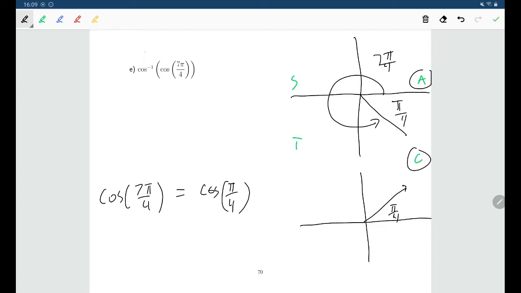And so cos inverse will not give me 7 pi over 4 as my output, because 7 pi over 4 is not in the restricted domain for cosine. However, pi over 4 is, and that's what cosine inverse will give me as my output, pi over 4.